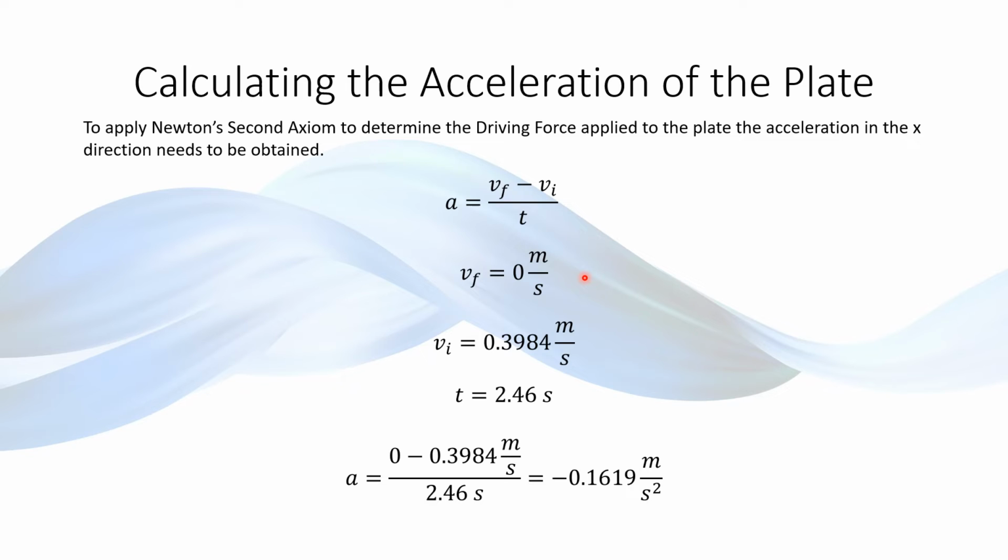The initial velocity was measured and recorded as 0.3984 meters per second, and the time it took to come to rest is 2.46 seconds. Plugging all these into our equation, we get the acceleration of the plate is negative 0.1619 meters per second squared. The negative denotes a deceleration, which we would expect because it is slowing down.